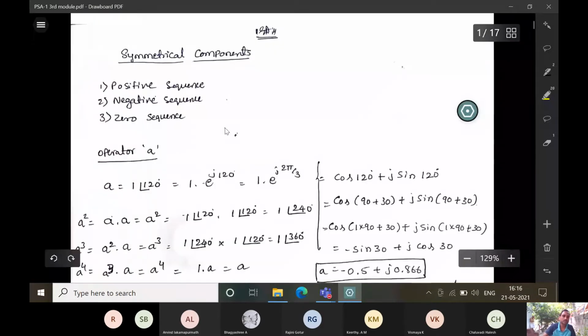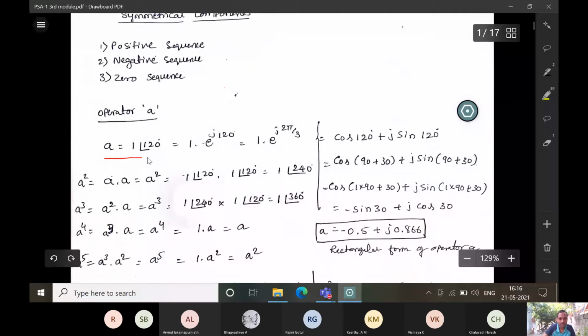So I will show here. Symmetrical components, the operator A. So A is written as 1 at an angle 120, that is equal to 1 into e raised to j 120. J 120 means you can write as 2 pi by 3. So we can write this as cos of 120 plus j sin of 120.